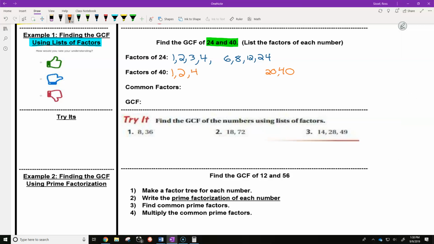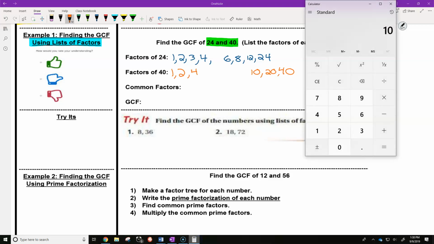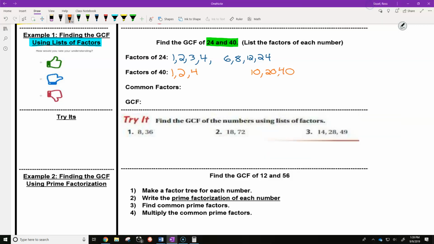So 4 times 10. I hope you're putting this in your notes. Remember, when you turn your notes in at the end of the chapter, I'm giving you a grade whether you did notes or not. After 4 comes 5. Is 5 a factor? Yes. Its factor pair is 8. So 5 and 8.